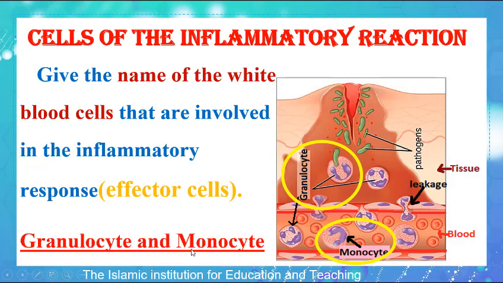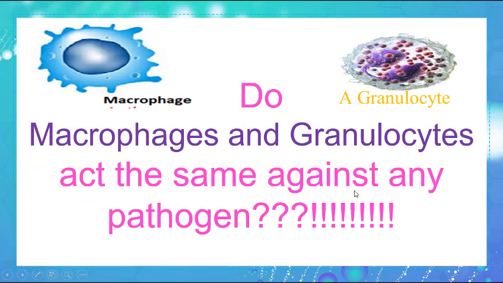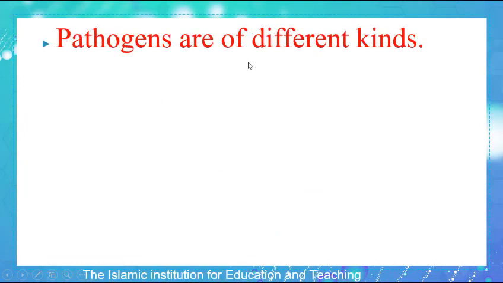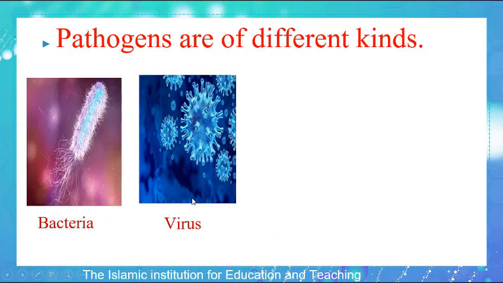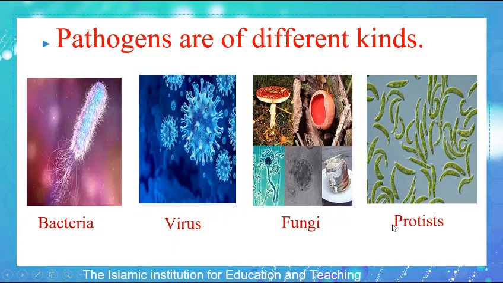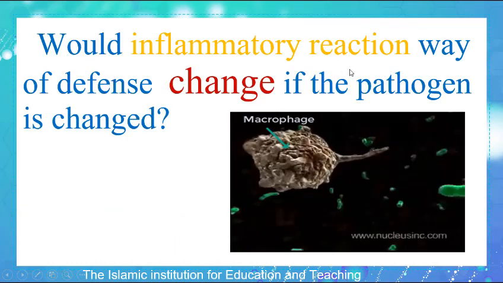But what are the characteristics of these cells? Do they act the same against any pathogen? Let's find out. We know that pathogens are of different kinds, such as bacteria, virus, fungi, and protists. But the question is, would the inflammatory reaction way of defense change if the pathogen is changed?